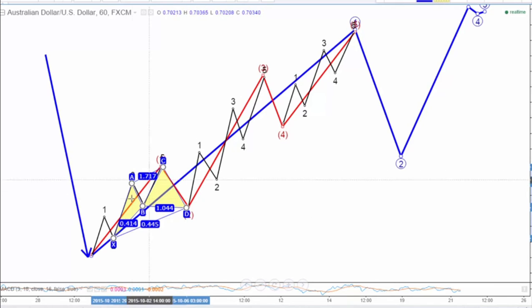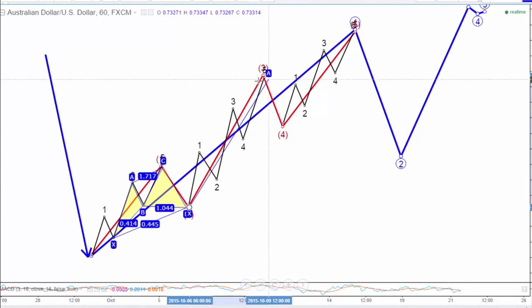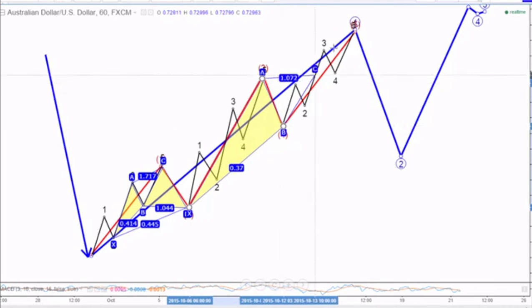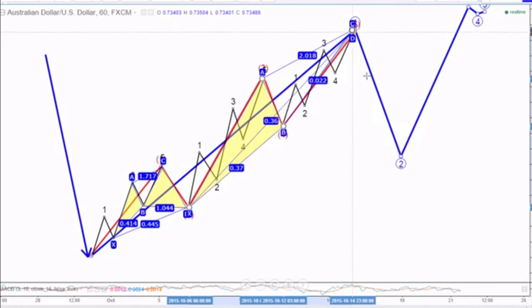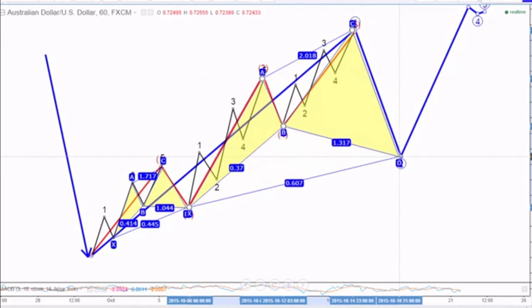Okay, you're always looking at all these little harmonics. Sometimes they're not so pretty, but essentially that's what we see. We look at here, all right, here. Okay, we may even see something like this, okay? And we see these retracements.